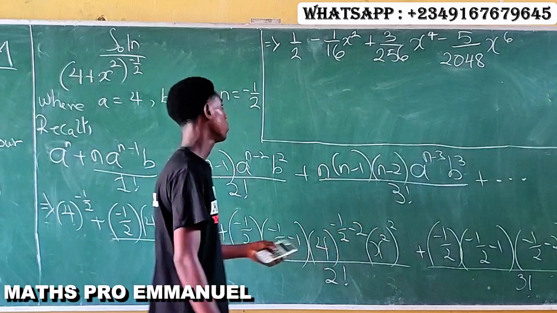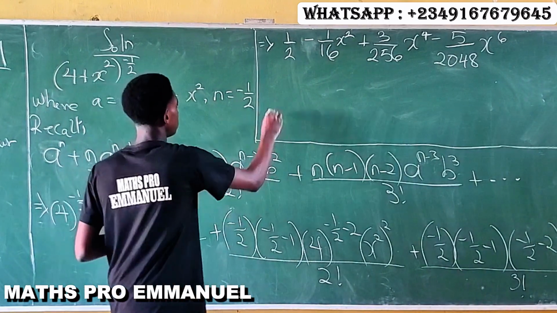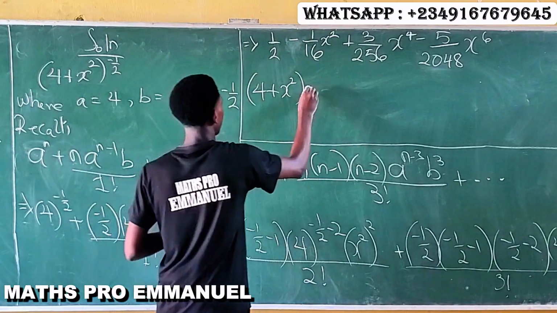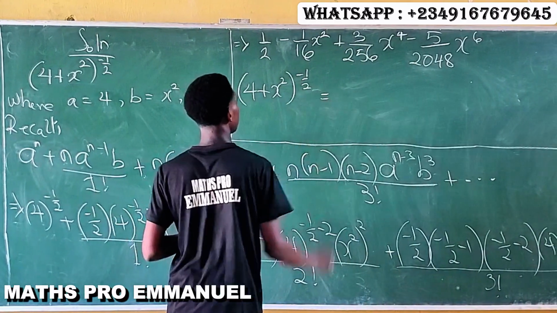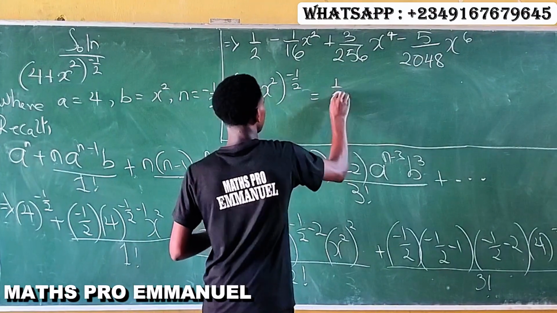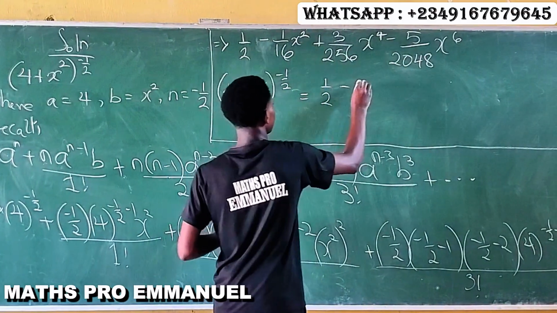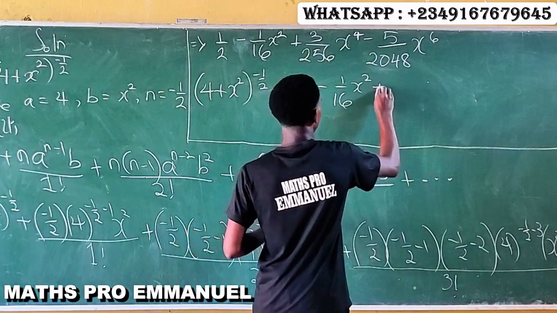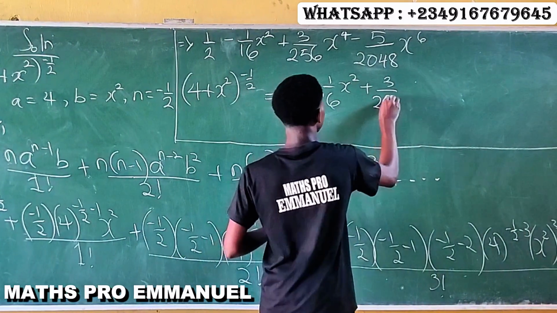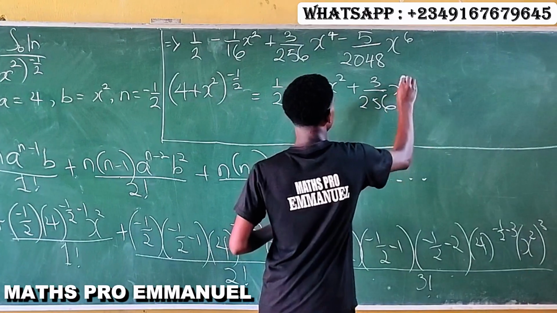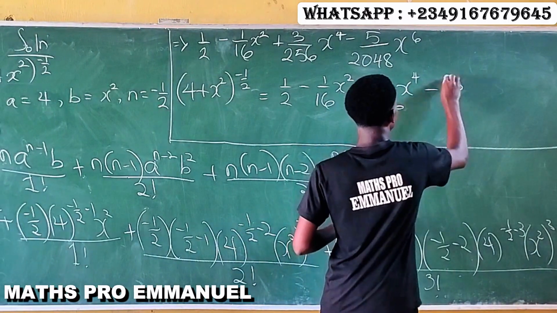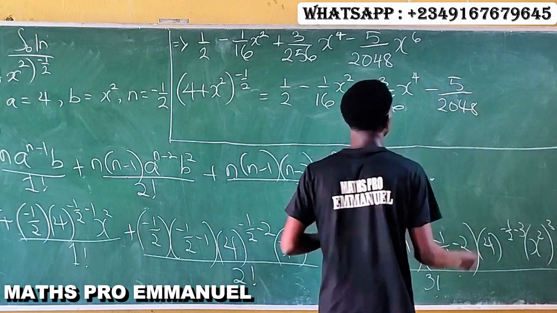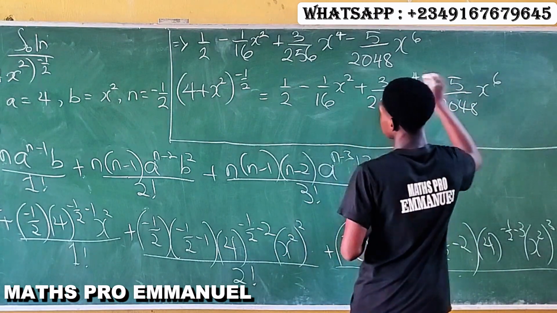So the final answer now, in resolving 4 plus x squared all raised to the power of minus 1 over 2, will be equal to, the first term we know is 1 over 2, minus 1 over 16 x squared, plus 3 over 256 x raised to the power of 4, minus 5 all over 2048 x raised to the power of 6.